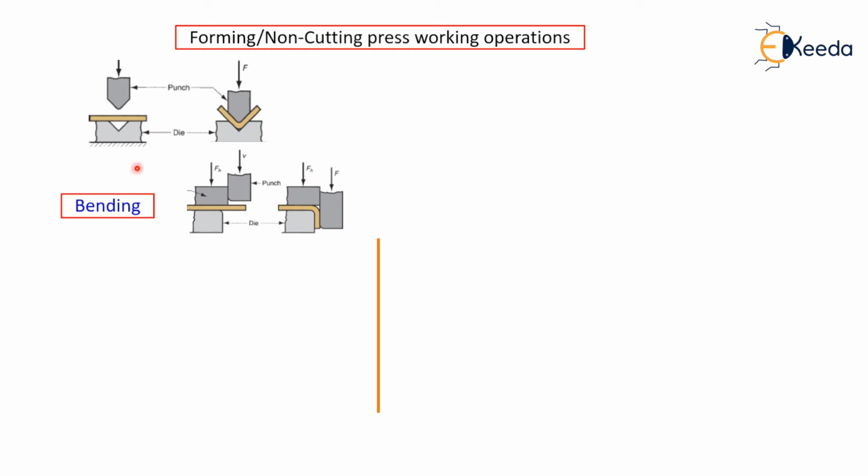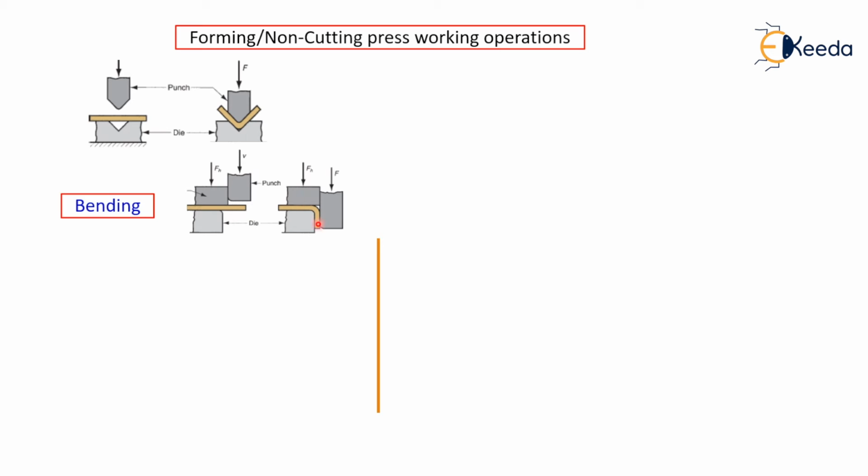In the diagram, you can see that in a bending operation, we require the punch and the die. This is a simple example of V bending, where the punch is forced and the die has a typical form or shape. The particular cavity is of the required V form as represented.